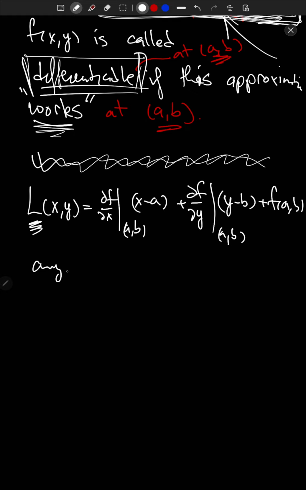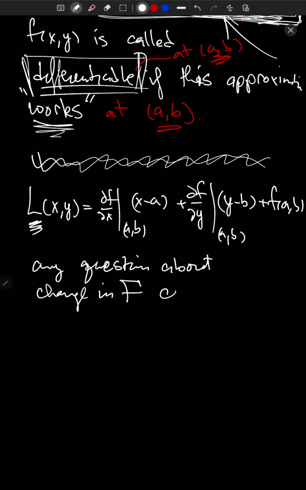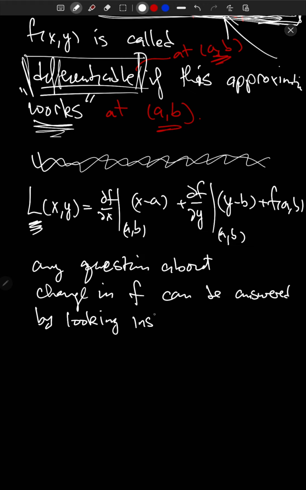Then any question about change in f can be answered by looking instead at L. Again, this is the change in f at (a,b).